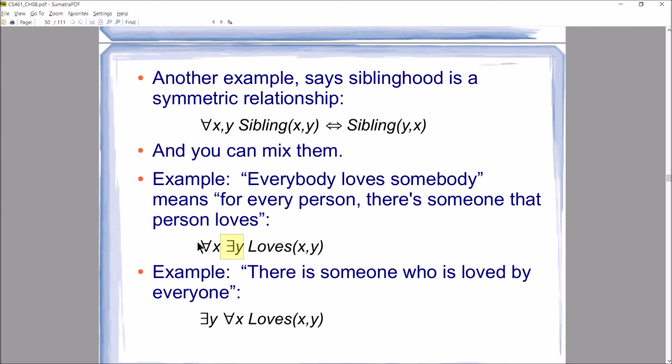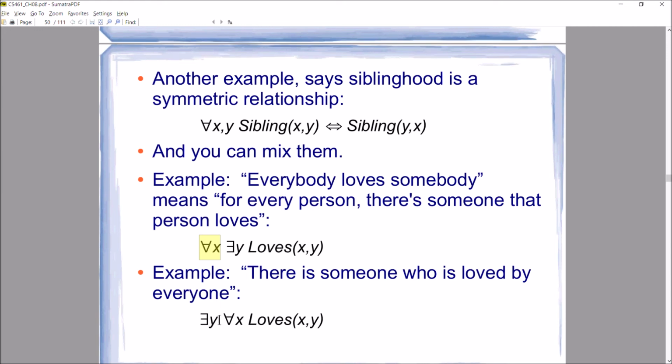And then if you put the universal quantifier on here, you're saying there's at least one y that everybody loves. Okay, and if you reverse those quantifiers, it has a different meaning. You're saying there is someone who is loved by everyone.